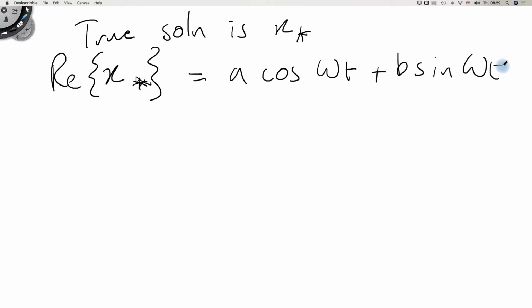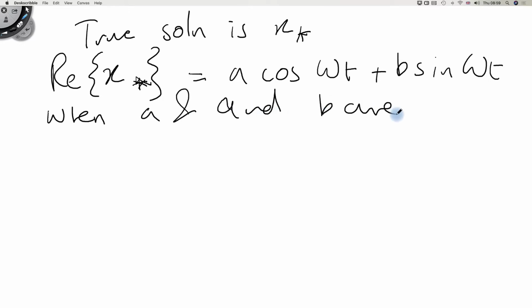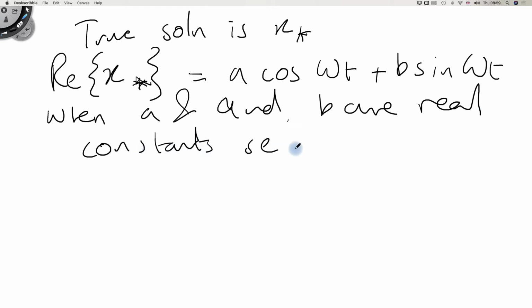So I want to just show you that what we're actually solving is cosine and sine solutions, and depending on these, a and b are real constants, so all this thing on the right side is real, set by the initial conditions.